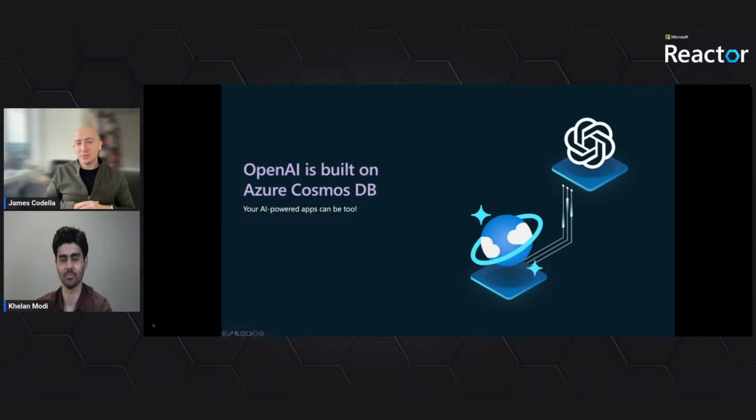As they scale to millions and millions of customers, they didn't have to make any changes to their Cosmos DB instance, right? Cosmos DB scaled efficiently, silently, without any intervention to enable ChatGPT to be such a success and have a great experience for the customers.